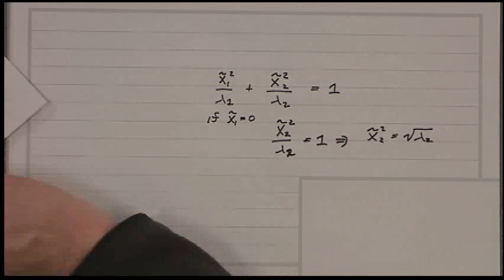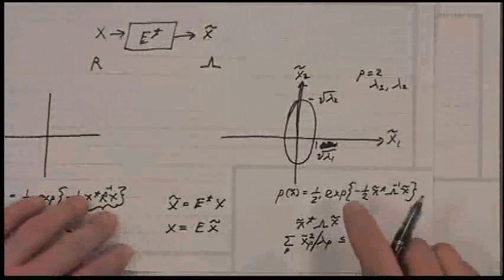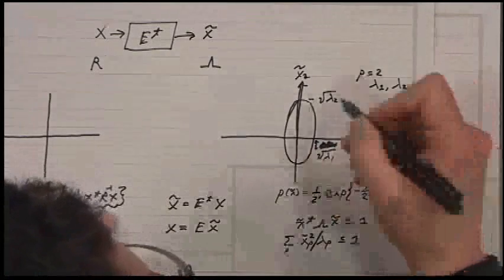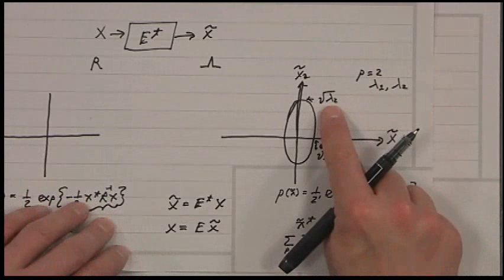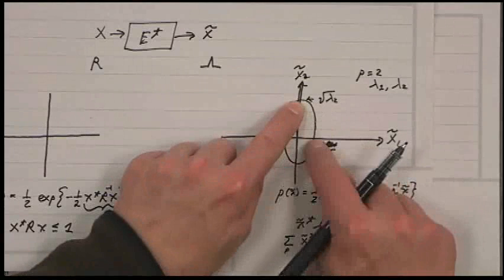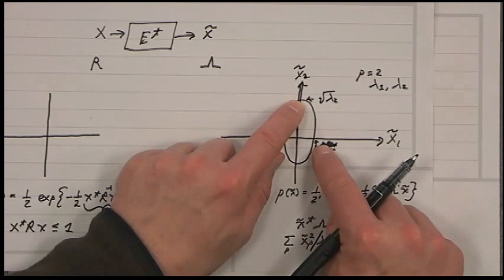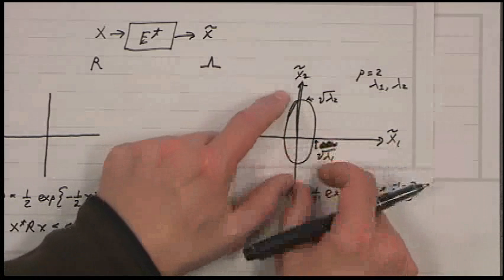All right. So those are the two axes. Okay. So that intersection right there is the square root of lambda 1, and this is the square root of lambda 2. So the eigenvalues of this covariance matrix R determine the intersections of the ellipse. If one eigenvalue is very large and the other eigenvalue is very small, then the ellipse is thin and long. Okay?